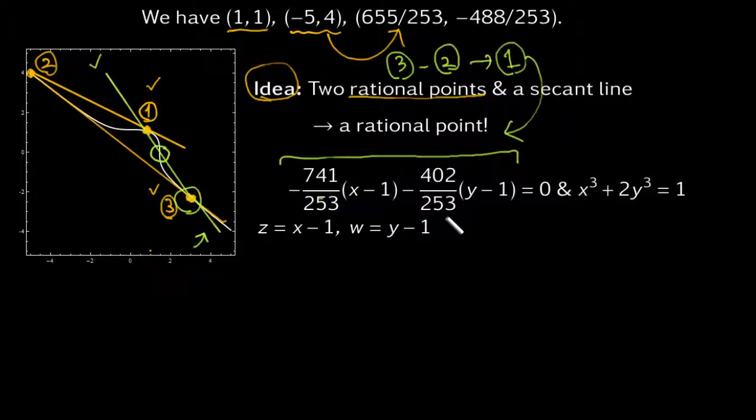Make the substitution and change this equation to one variable in z and w, and this time there's no multiple solution, but we know the w value associated with that, which is namely the y coordinate minus 1. And from this point we know those values.